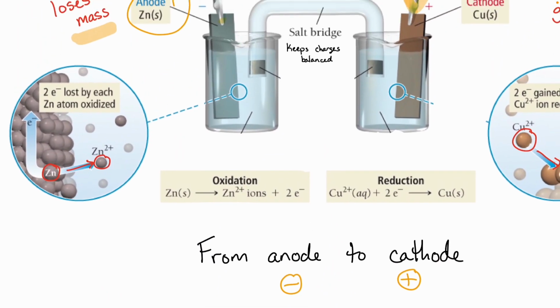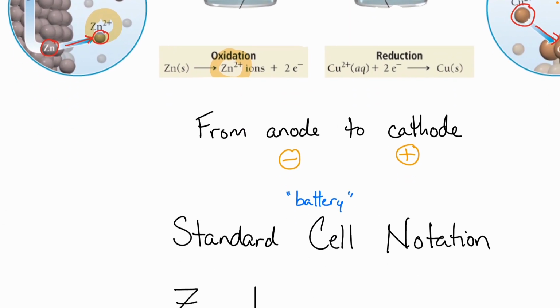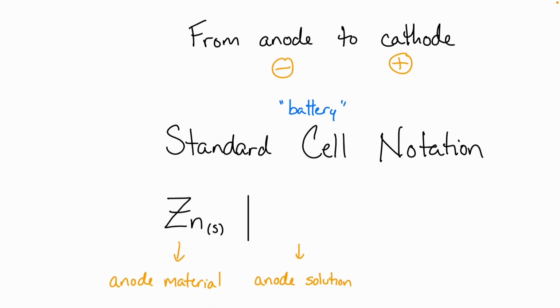In this case, our anode is in a solution of zinc ions. So that's what will go in this next box: Zn2+ (aq). So we have the contents of the anode end of our battery summarized. First, the anode material, and then the solution that it's in, separated by a bar.